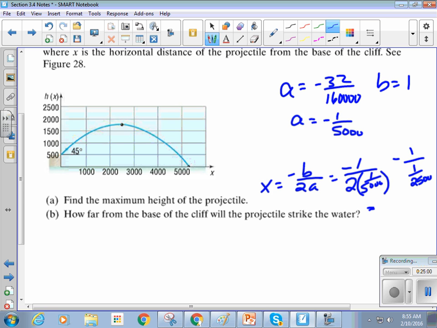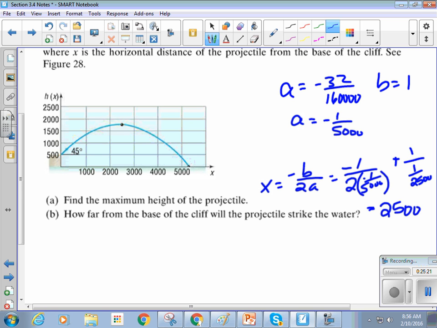So this was a negative, so this is a positive. So that it is actually at 2,500 from the base of the cliff.